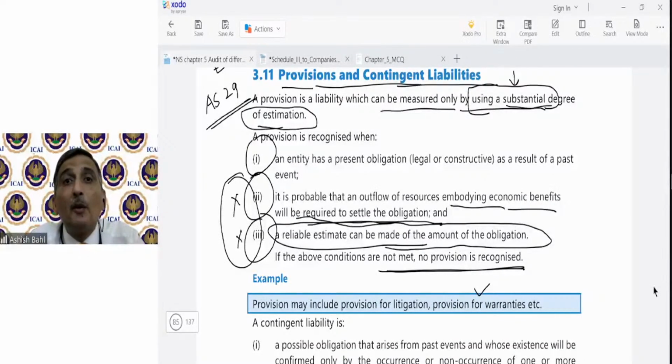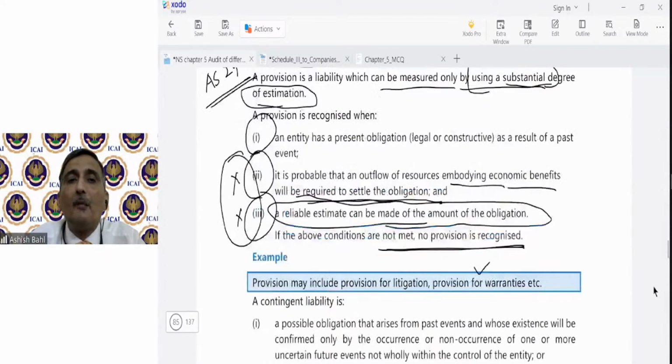So the company would be making provisions for such amounts in its books of accounts. Okay, so this was a definition of provisions.